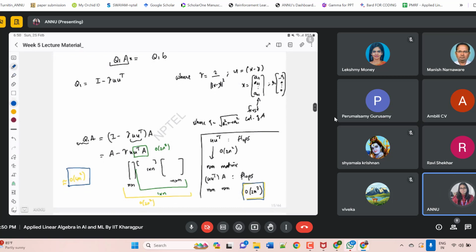So the computation required is a total of order 4n squared, whereas in this case the total flops is order 2n cubed. Okay. Whereas in the case of inverse, what will be the flops required? Tell me. We saw the number of multiplications and additions required in one of the weeks. I don't remember.